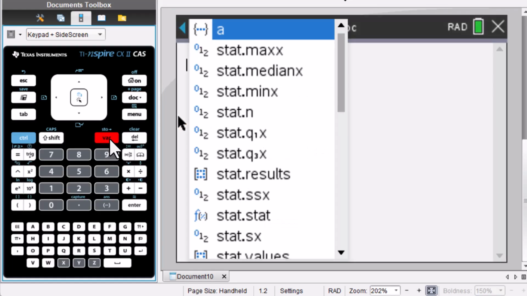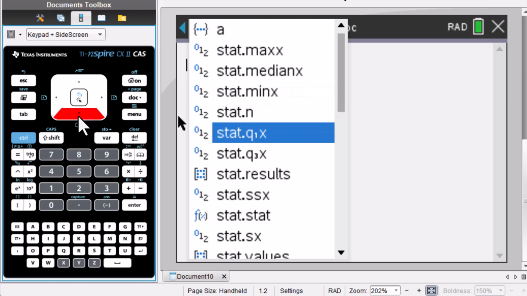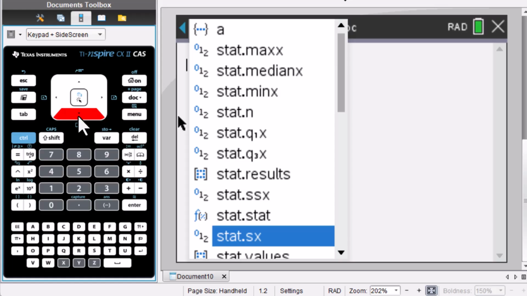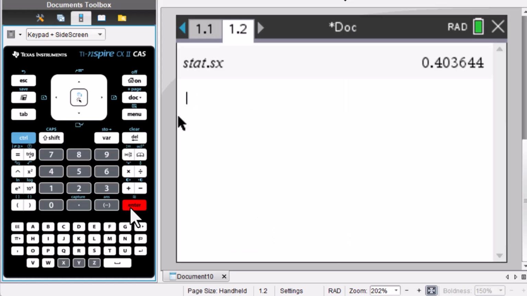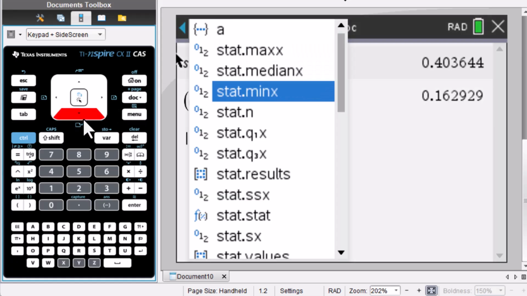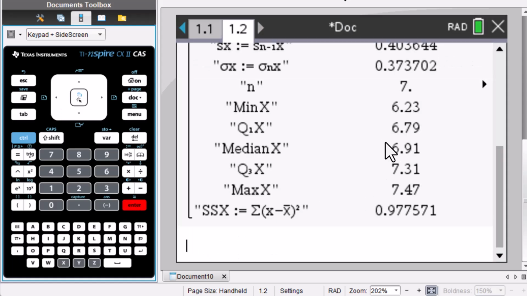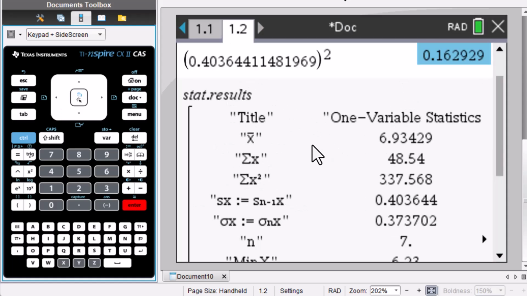We can go to variable to get this result out. Then square. Answer is 0.163. Go to variable, go to this result. Enter, enter. We got this X bar equals 6.93.